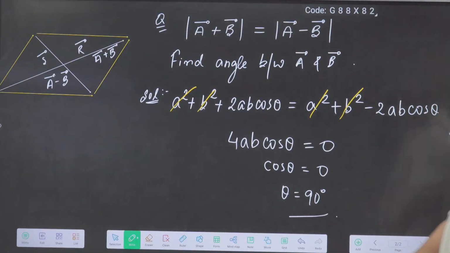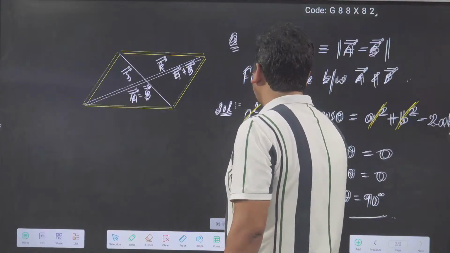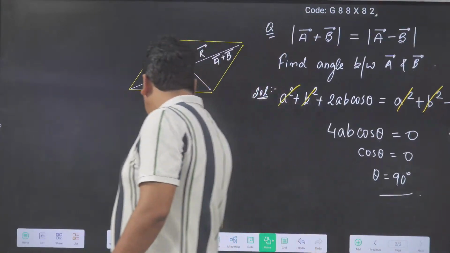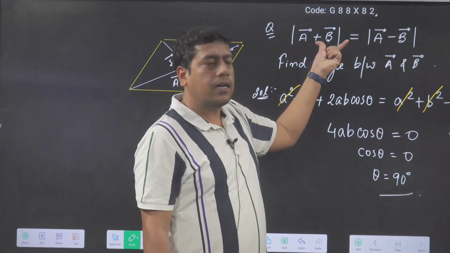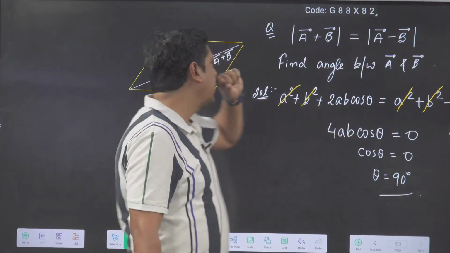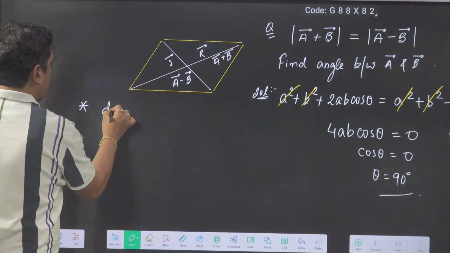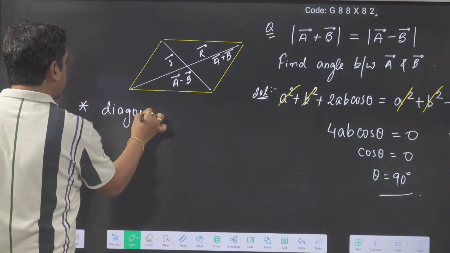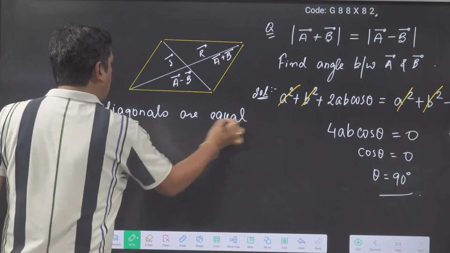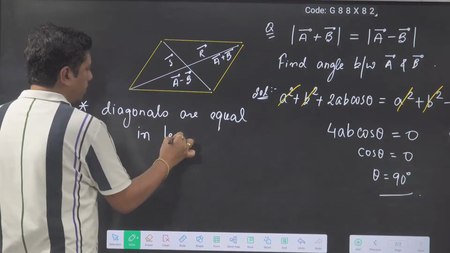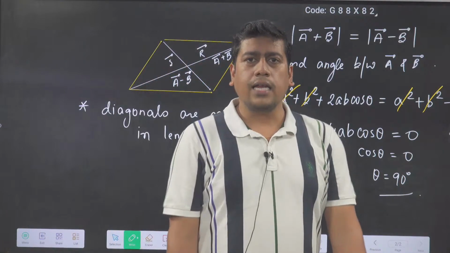What is the second method? If the magnitudes of a vector plus b vector and a vector minus b vector are the same, you are trying to say that in this parallelogram the diagonals are equal in length.